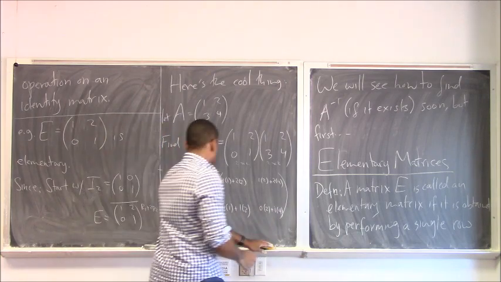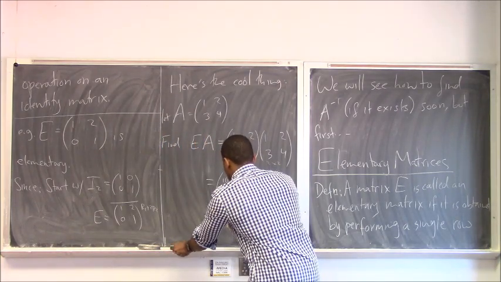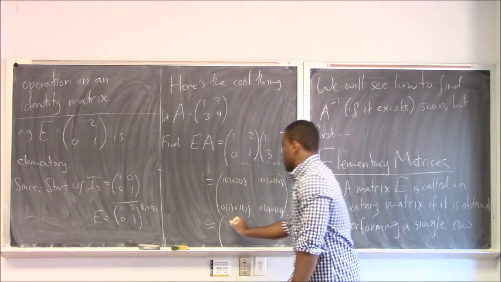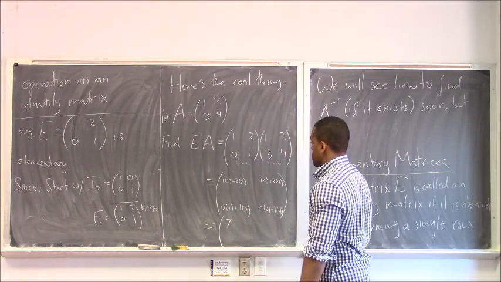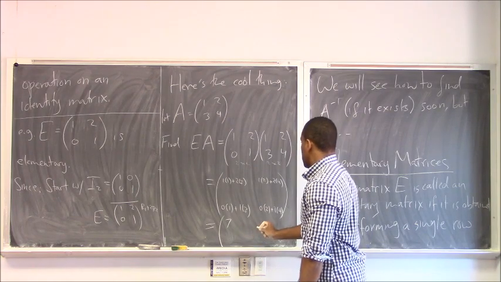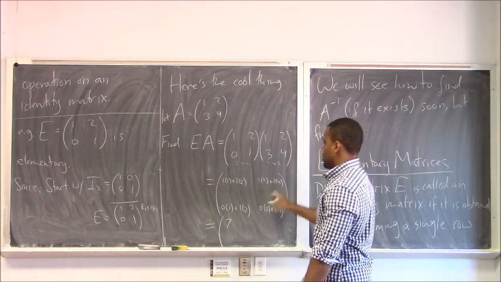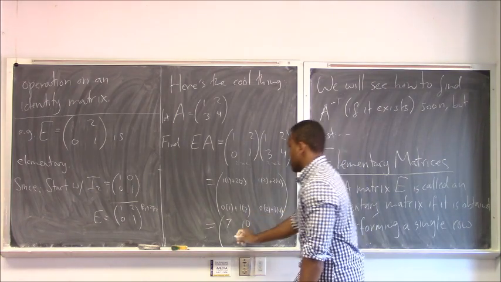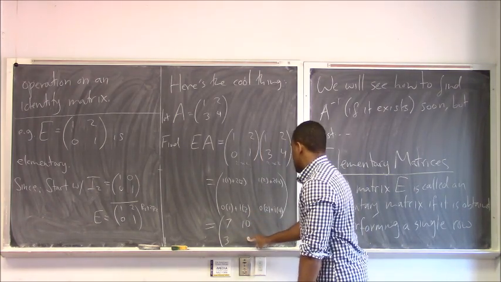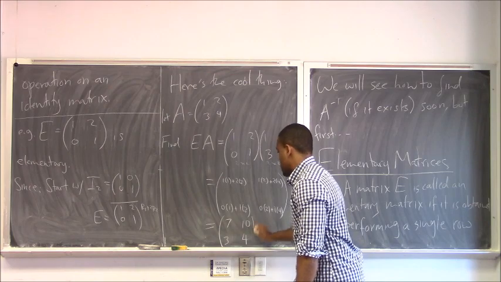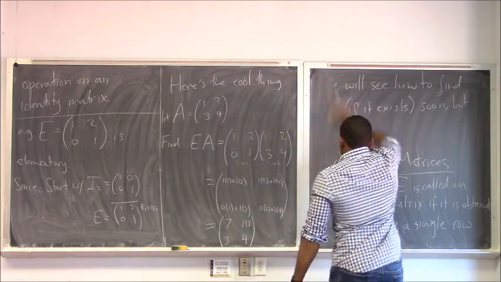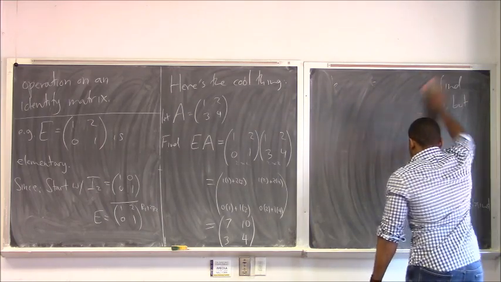What is that? 7, 10. This is 3 and 4. Right? Do you notice anything about that matrix?